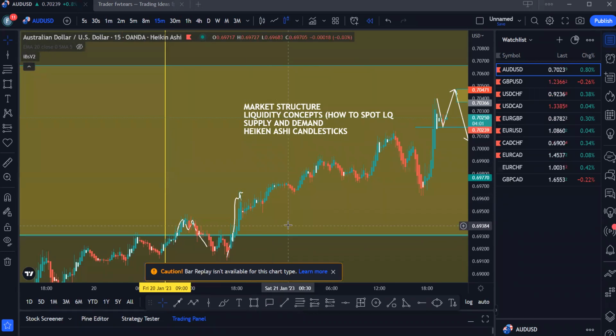Okay, Heikin-Ashi tends to remove false trends or false signals, right? Heikin-Ashi gives you better structure. Okay, so I recommend that you learn how to use it and then add it to your market structure. You will only need to use Heikin-Ashi when you're trying to figure out market structure, which is structure of the market. Okay, I hope that makes sense, guys.